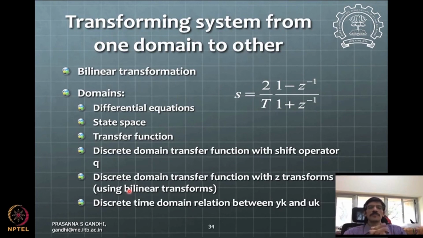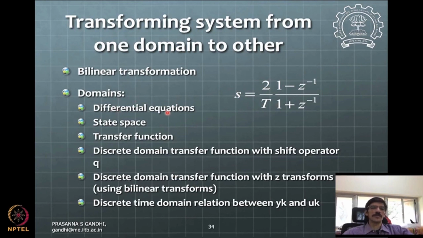Where it pops up from is basically the eigenvalues of the system, this is coming from how the poles get mapped. We'll see what this bilinear transformation is in a while.